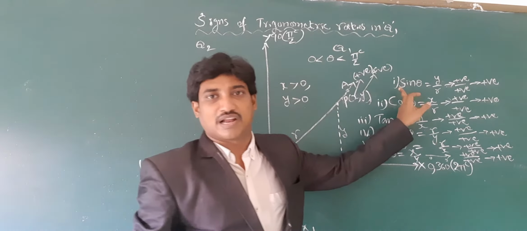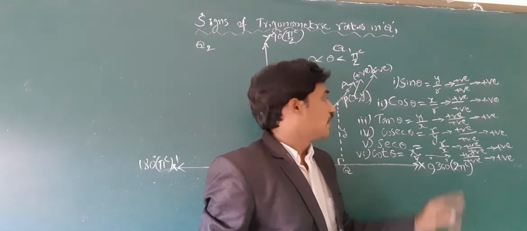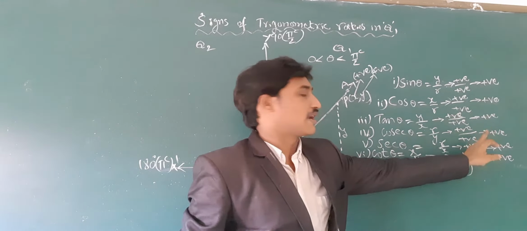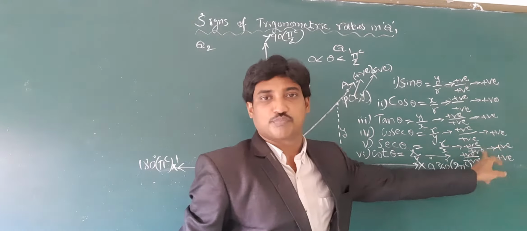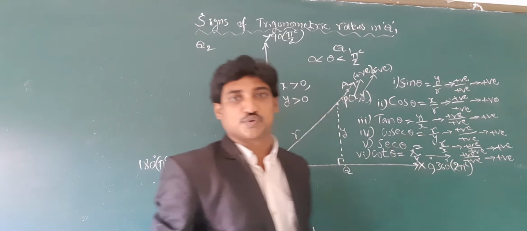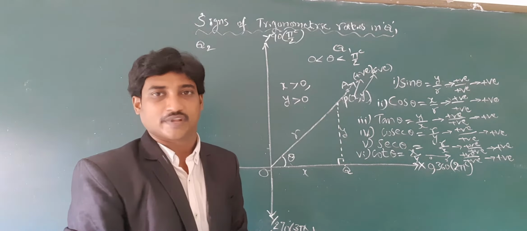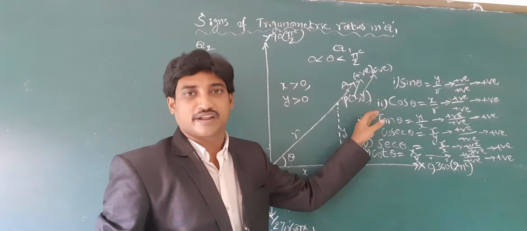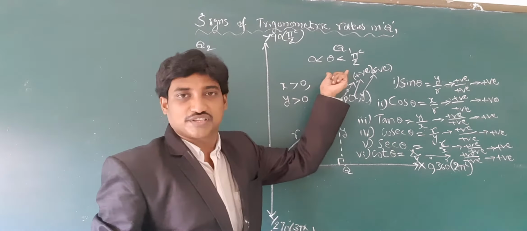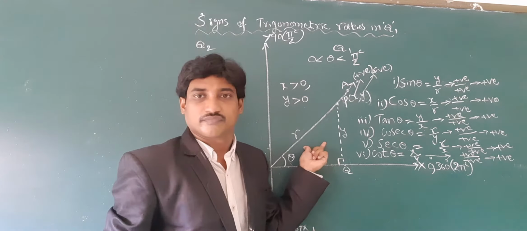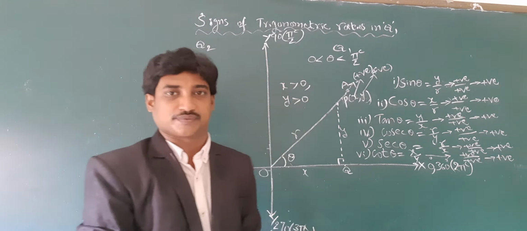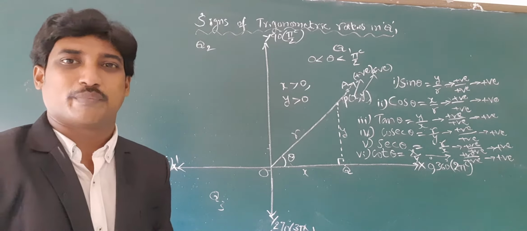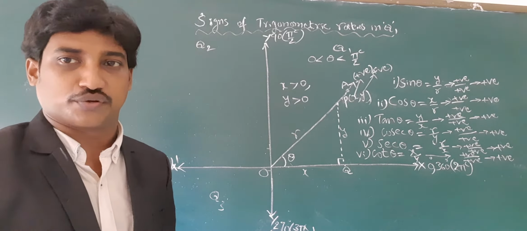So sin theta value is positive, cos theta value is positive, tan theta value is positive, cosecant theta value is positive, secant theta value is positive, cot theta value is positive in the first quadrant. If the angle theta is in the first quadrant, then all trigonometric ratios of the first quadrant angle are positive quantities. In the first quadrant, all trigonometric ratios are positive.